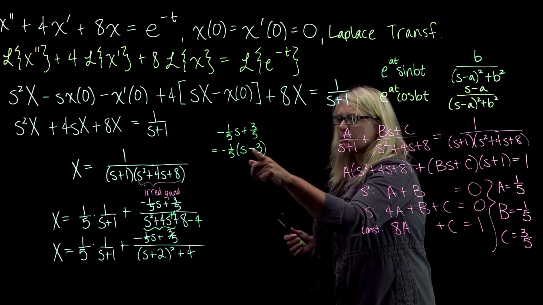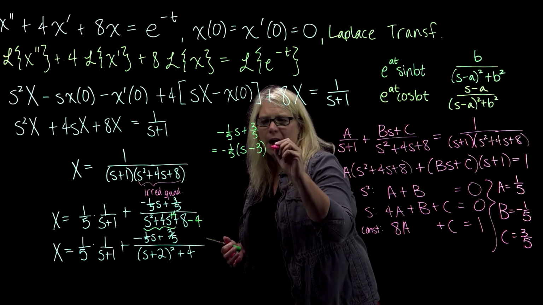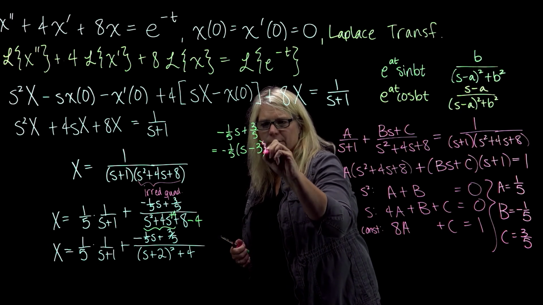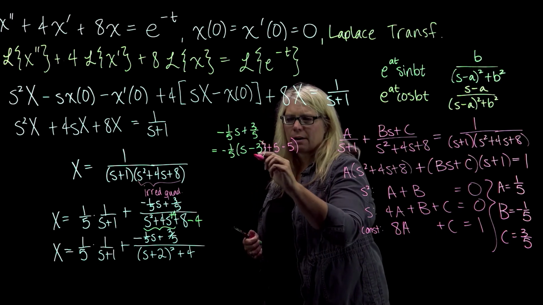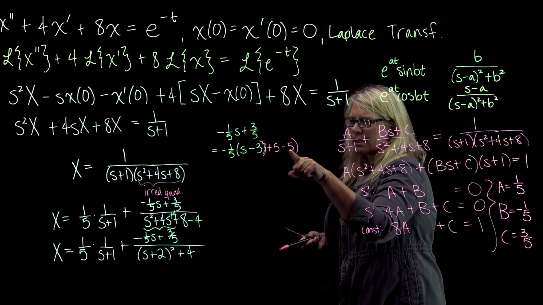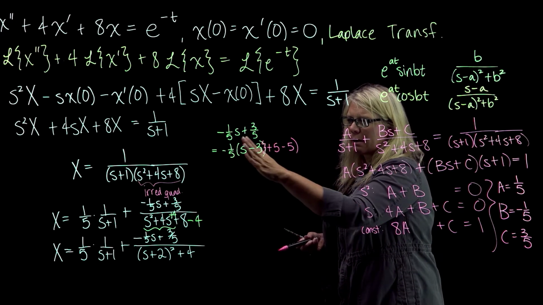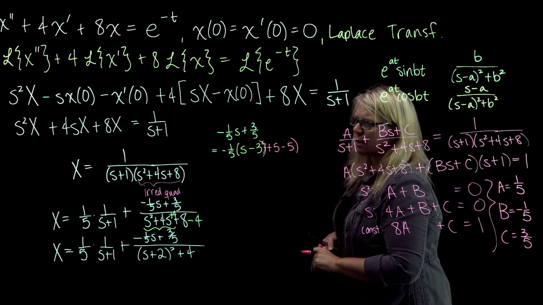So if I want this to be a plus 2 in here, I can do that by adding 5 and then subtracting 5. So I'm going to add 5 and subtract 5 in there. The reason I added 5 was to force a plus 2. The reason I subtracted 5 was to balance it. And I was careful to do that in that parentheses because I have this constant out front.